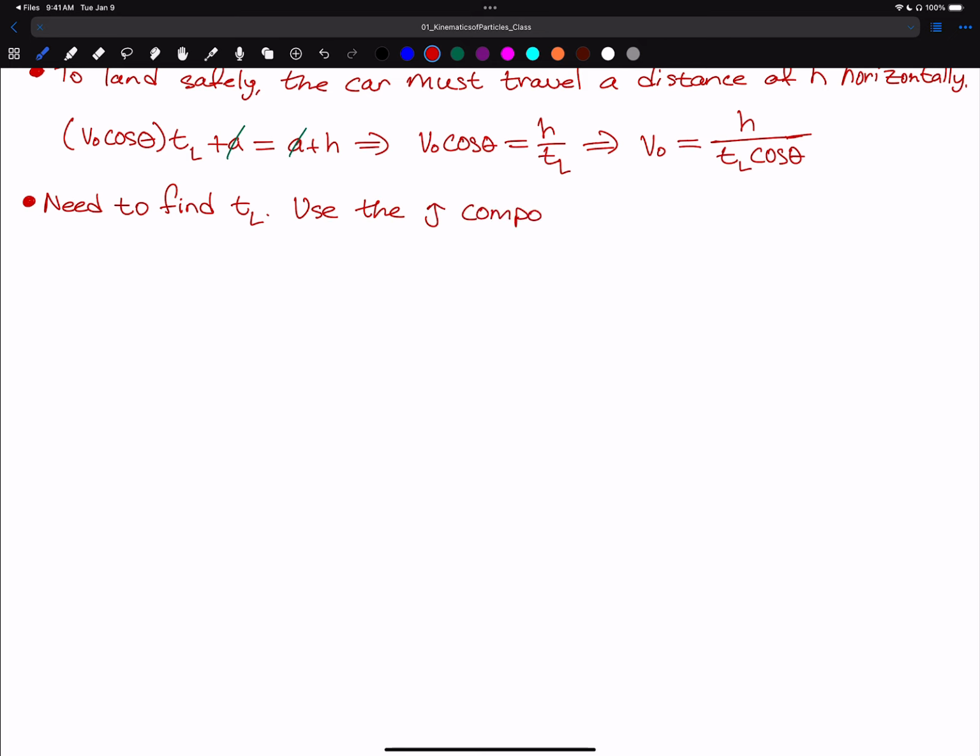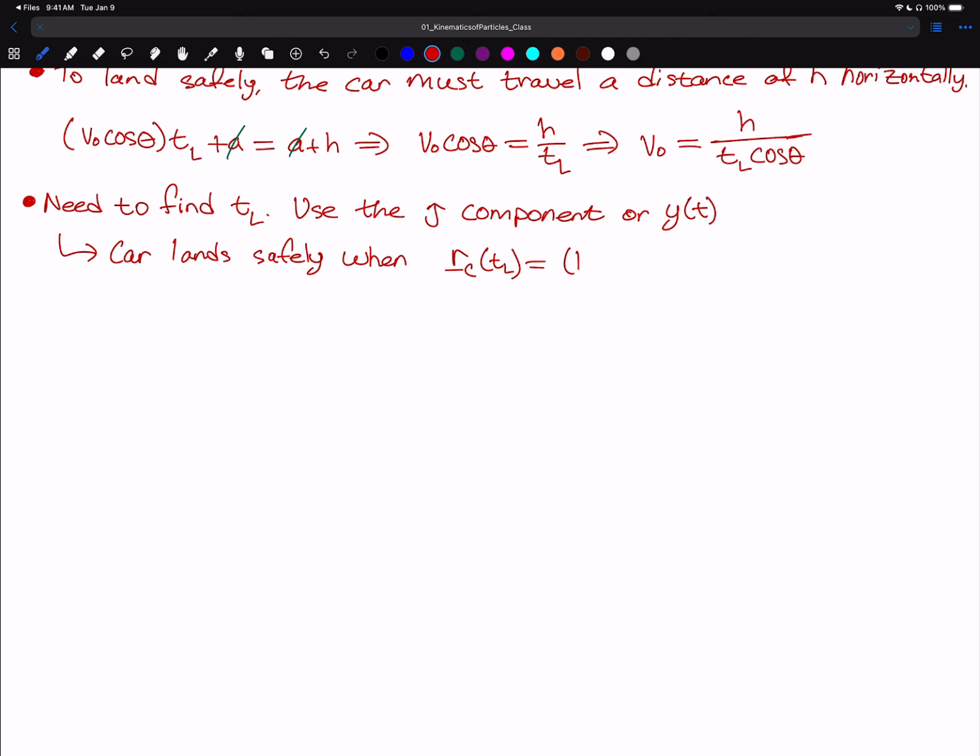Okay, so the car is going to land safely when the position vector is equal to h plus a in the i direction from the origin plus bj. Lands safely when RC, and this should actually be RC of TL, because it's at a specific time, is equal to h plus a in the i direction from the origin plus bj.